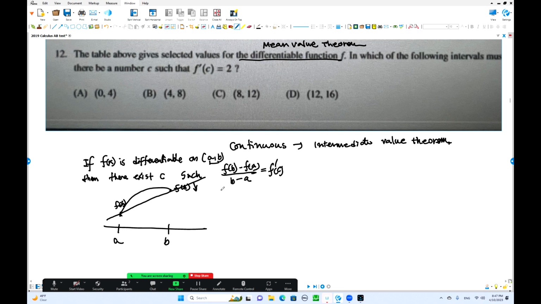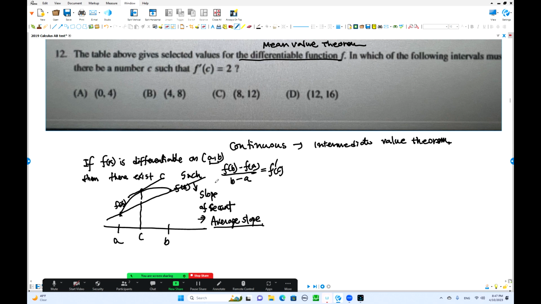The slope of this secant, which we call the average slope. Same slope over here, right? Always. That is the mean value theorem.